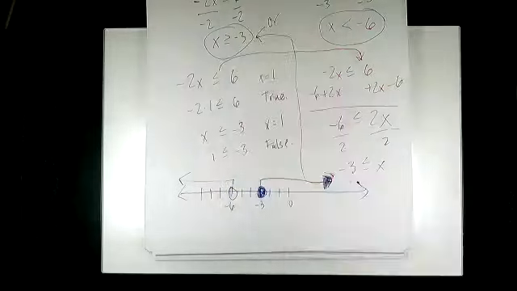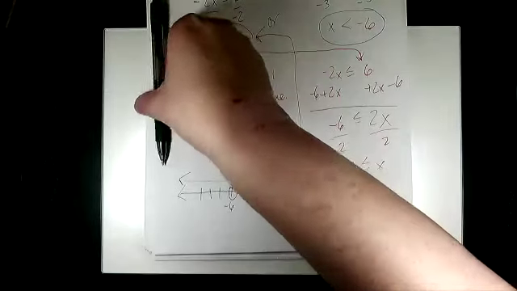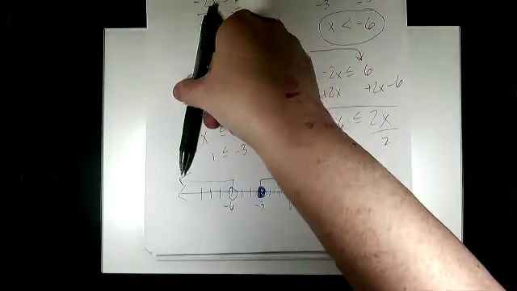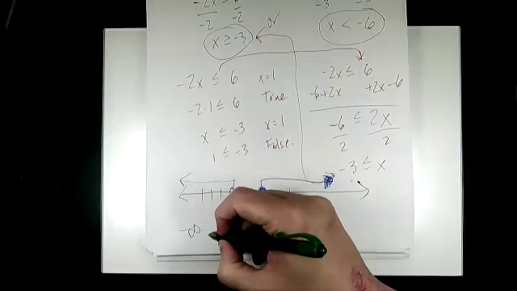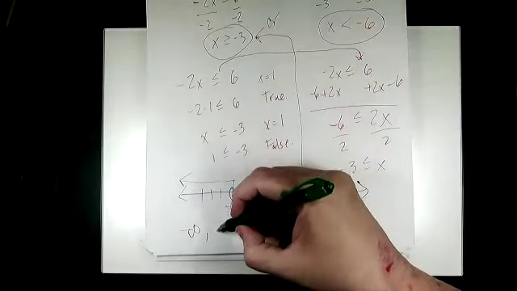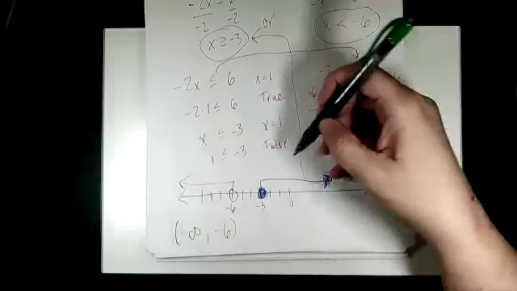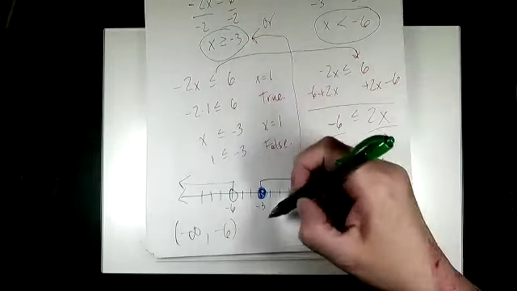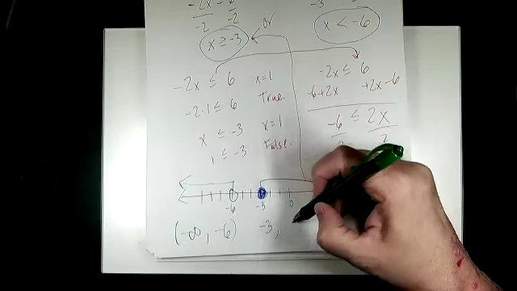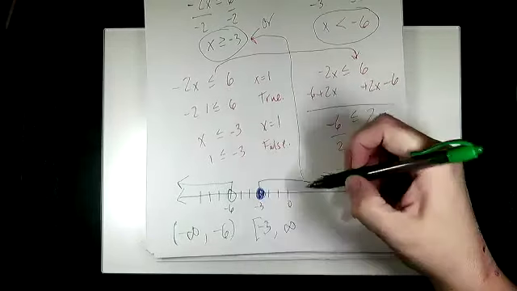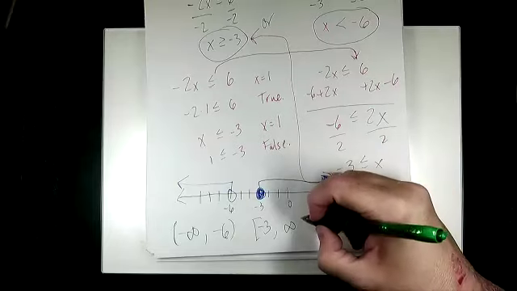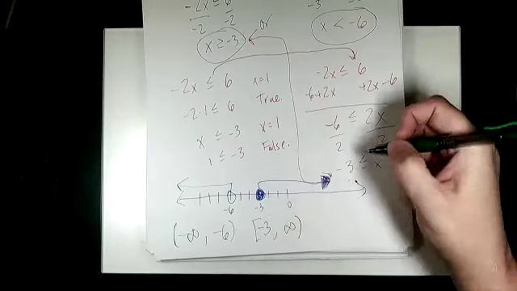If you're doing set notation or interval notation, we start on the left, our line hits at -infinity, and it continues until it hits -6. These both get parentheses, as I had said. Our line restarts at -3 and goes to positive infinity. -3 gets a bracket, and infinity gets the parentheses.